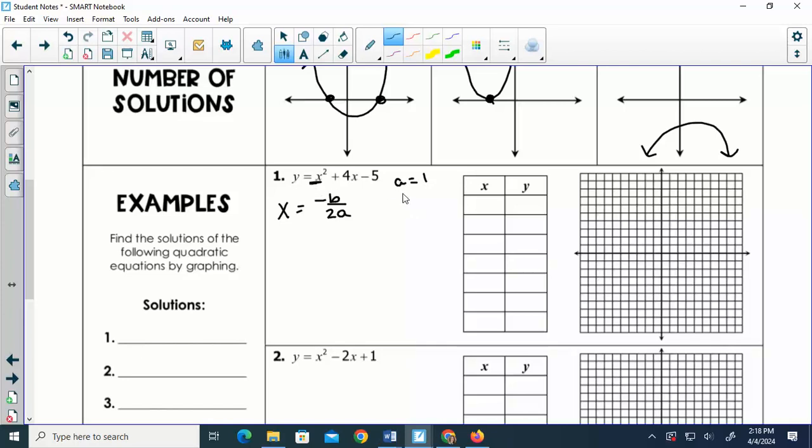A is just the number in front of x squared, so 1. B is the number in front of x, so that's 4. C, we don't need it, but if I ask for it, is the negative 5. So the opposite of b would be a negative 4 over 2 times 1. Negative 4 over 2 is negative 2.